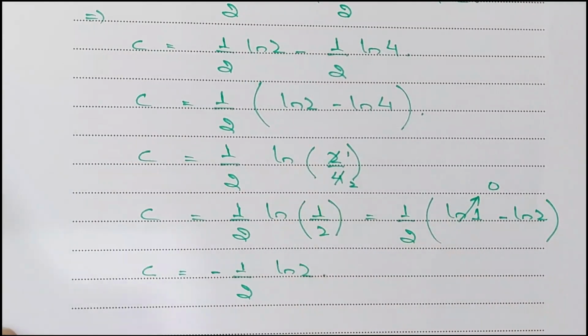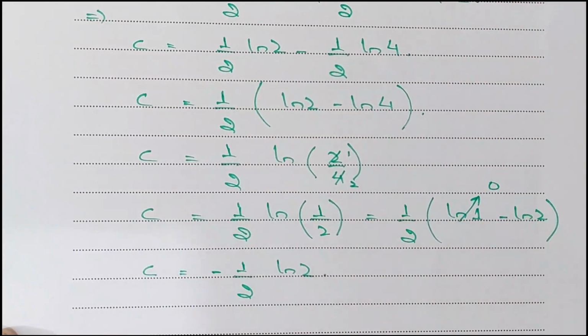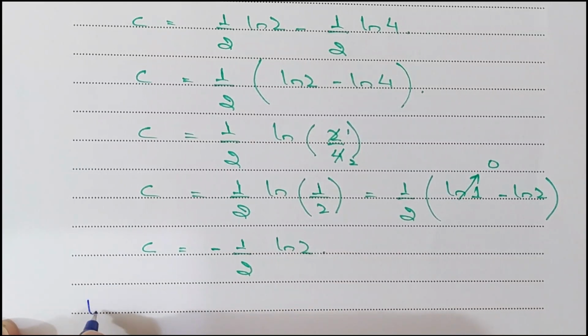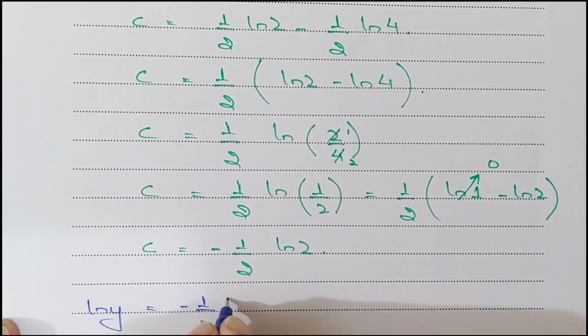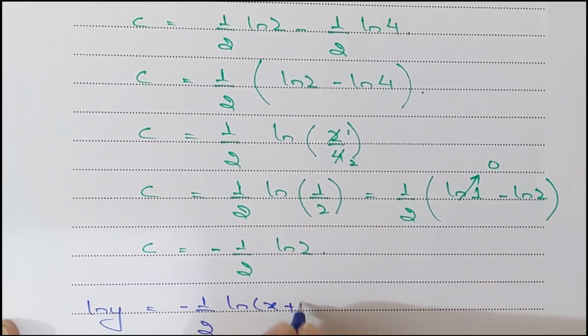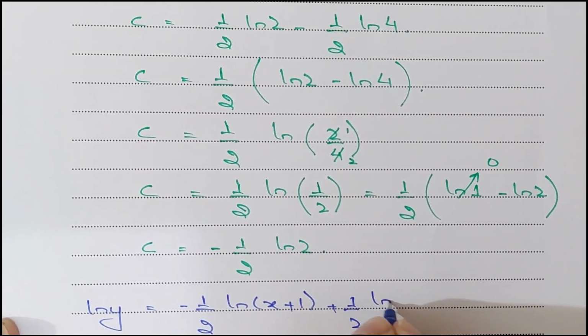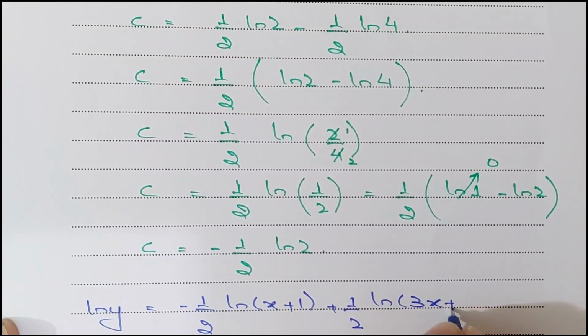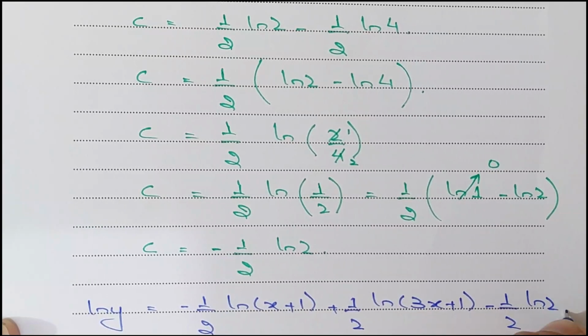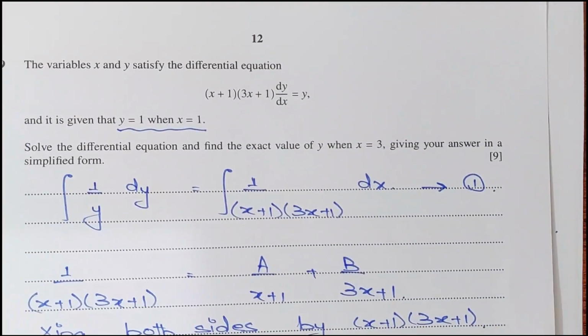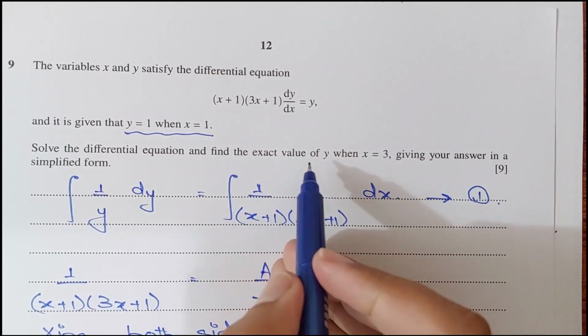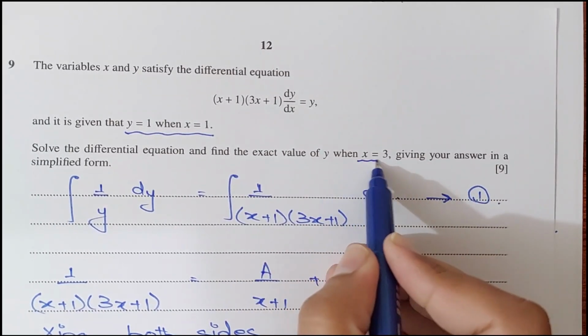So let me plug the value of c into my equation. So ln of y equals minus 1 by 2 natural log of x plus 1 plus 1 by 2 natural log of 3x plus 1 minus 1 by 2 natural log of 2, right? And the question says we have to solve the differential equation and find the exact value of y when x is equal to 3.